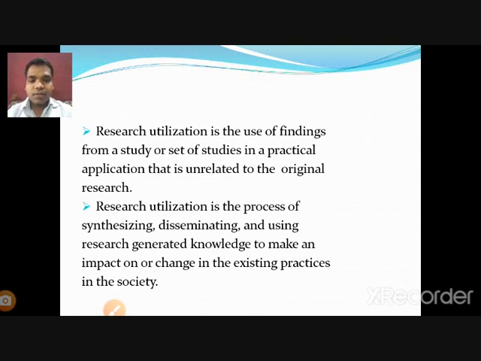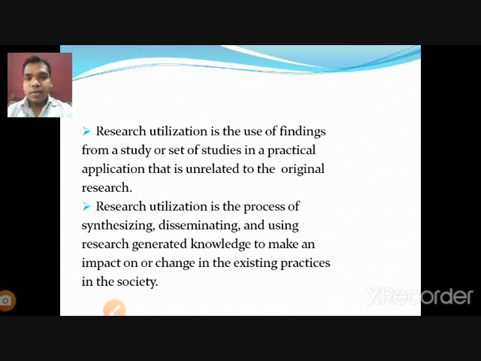The second one: research utilization is the process of synthesizing, disseminating and using research generated knowledge to make an impact on or change in the existing practice in the society.